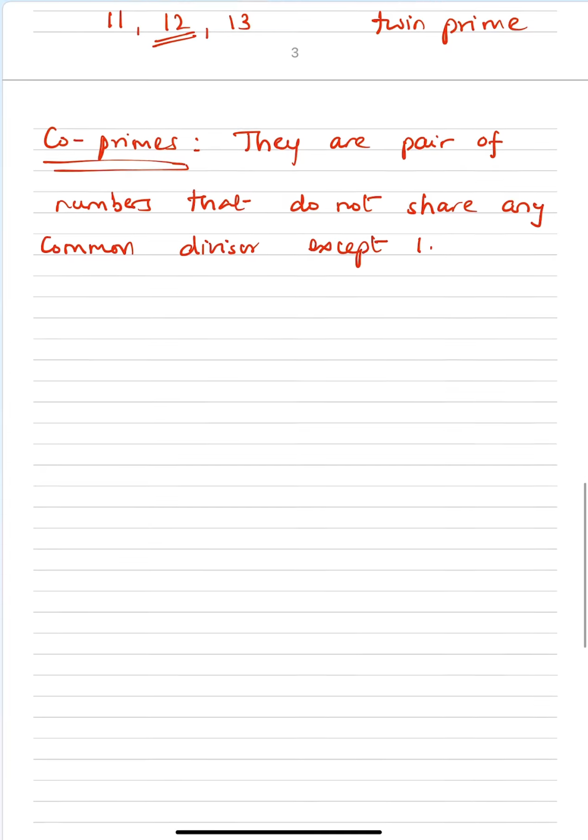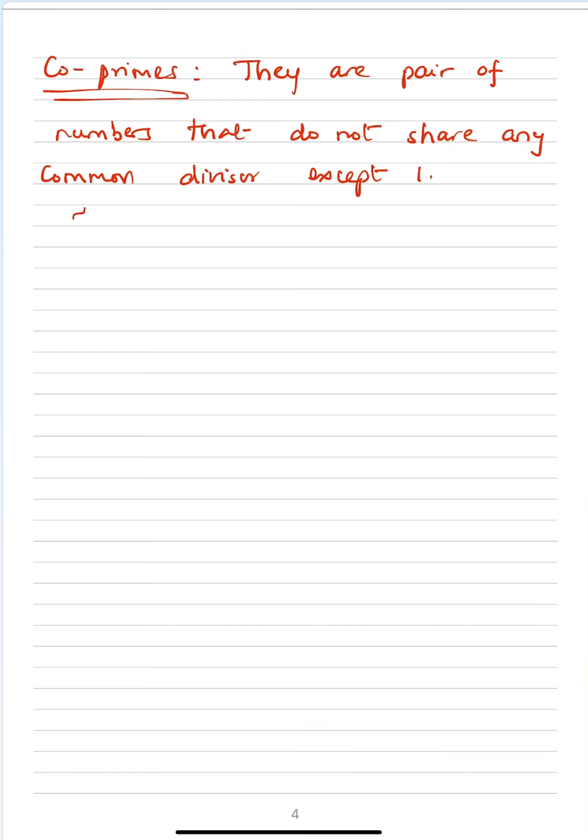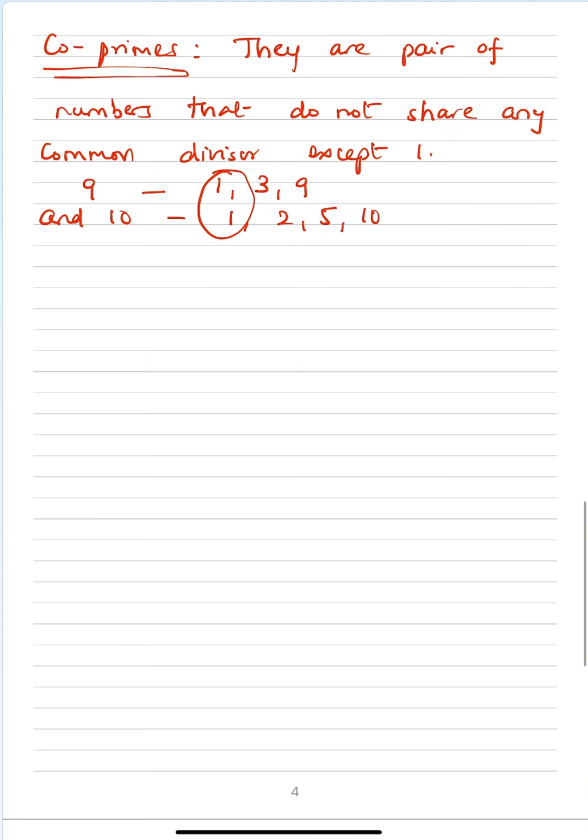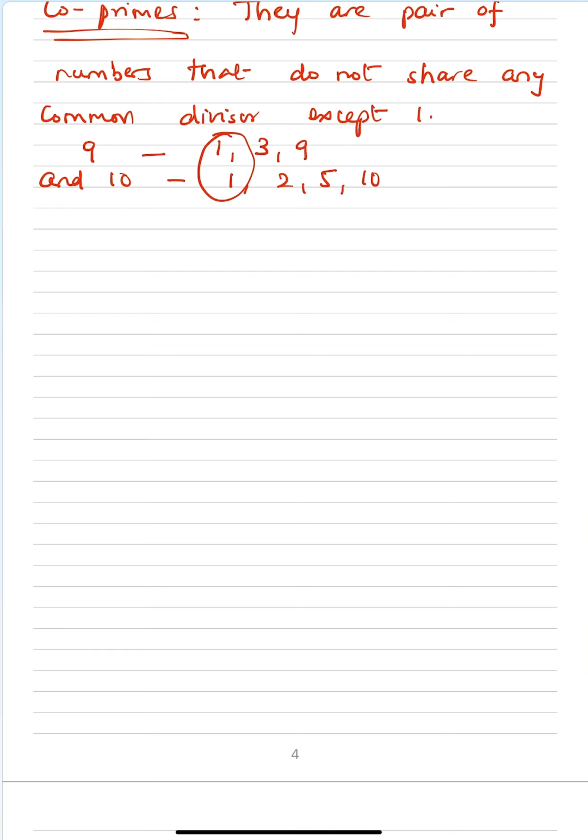The meaning of this is, if we say 9 and 10, common divisor means what? What are the factors of 9 and 10? 1, 3, 9. This is 1, 2, 5 and 10. Correct? We can divide 9 and 10 both only by one number, that is 1, which is common. So these are co-prime numbers. Only one is common between them. Correct?